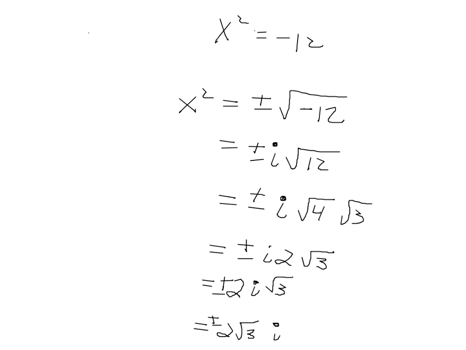Oh wait, I wanted to show you another way to do it. So if you did not realize that you could factor that, and you wanted to do it the way we've done all the others, what we would do is begin by graphing this.